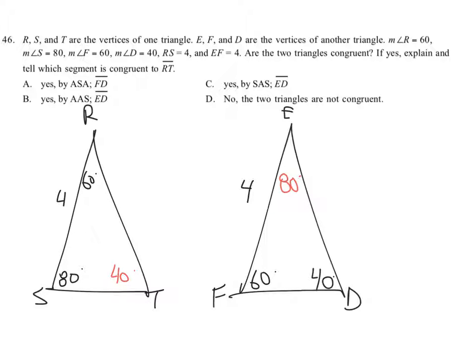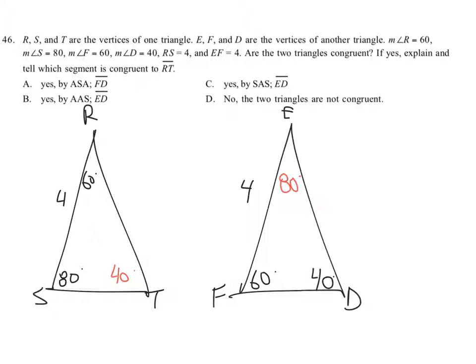Well, you can imagine if we were somehow able to flip this triangle so that F lined up with R, and E then came down here to S, and D kind of stayed over here where T is, just kind of flipping it, then we would see that we could keep that side that's 4 on the same side, and we could have that 60-degree angle going up top, and we could have the 80-degree angle going on the bottom.